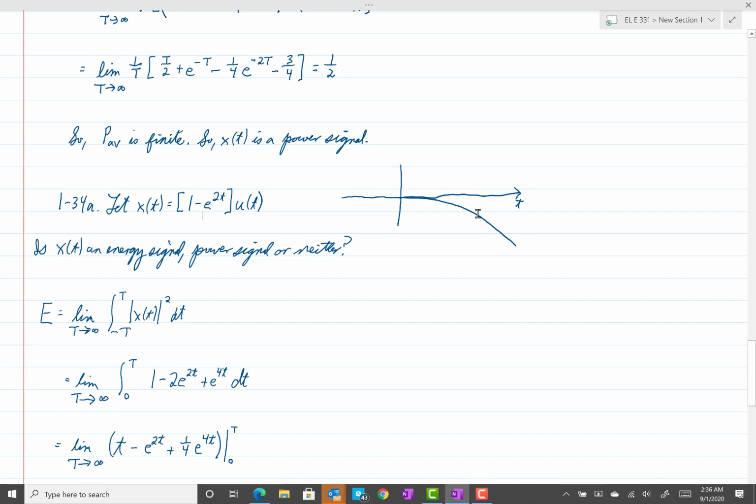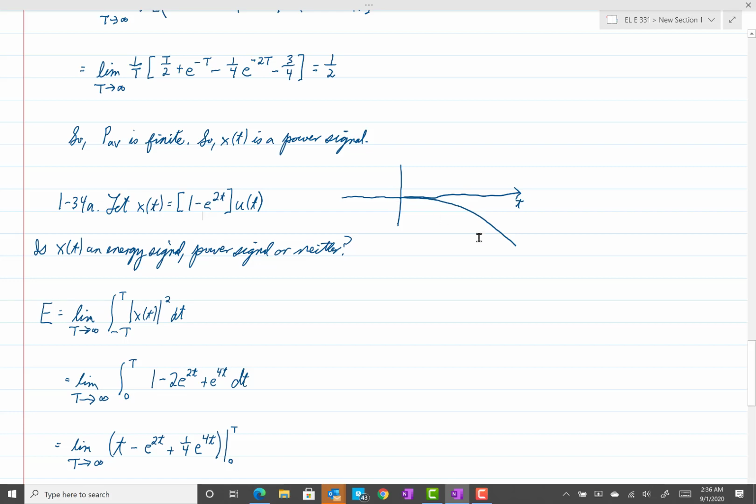Let's be careful here. If the function is increasing in magnitude as t goes to infinity, even if it's increasing very, very slowly, it will certainly not be an energy signal, but it won't even be a power signal either.